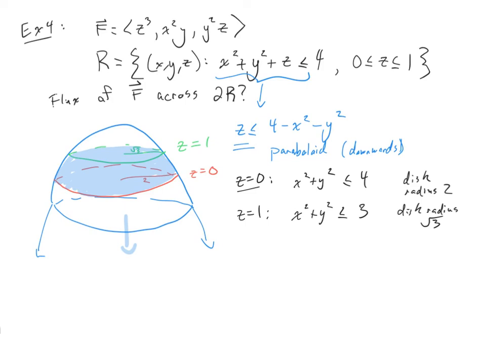So it's like I've taken this paraboloid and I cut it at two heights, and so I've ended up with a little sausage thing. So just to be clear, I've got this top disk at height z equals 1, and then my sides look kind of like a piece of a rocket ship or something, and that's what R looks like.